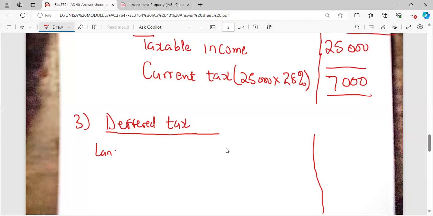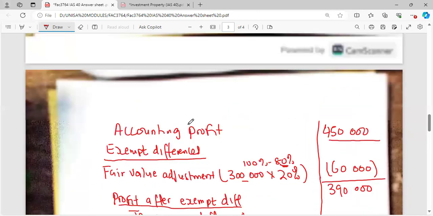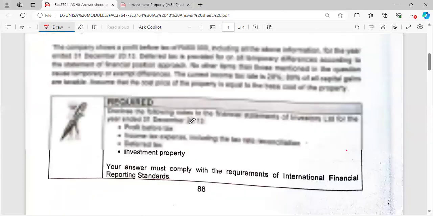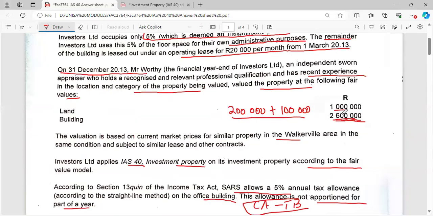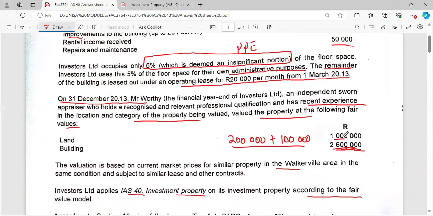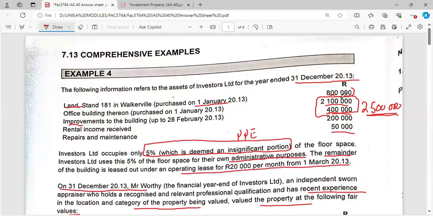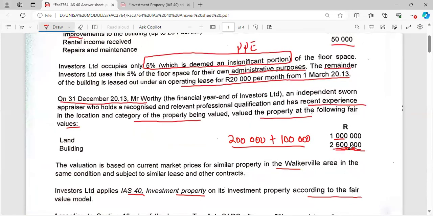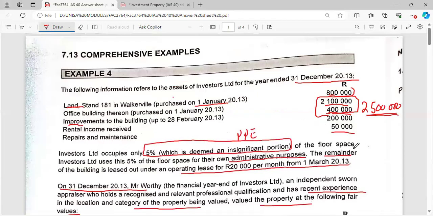We have the land, we have the building. Then you look at the fair value adjustment for the building and for the land. The land's fair value adjustment is 1 million minus 800,000, which is 200,000. The building is 2,600,000 minus 2,500,000.